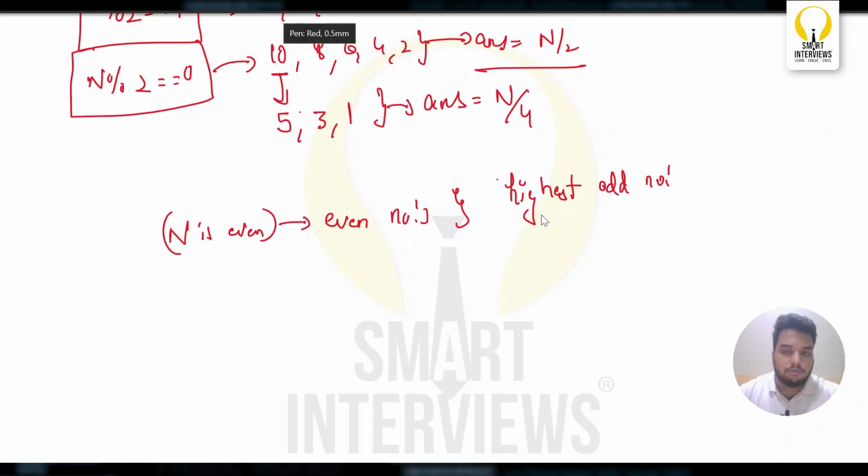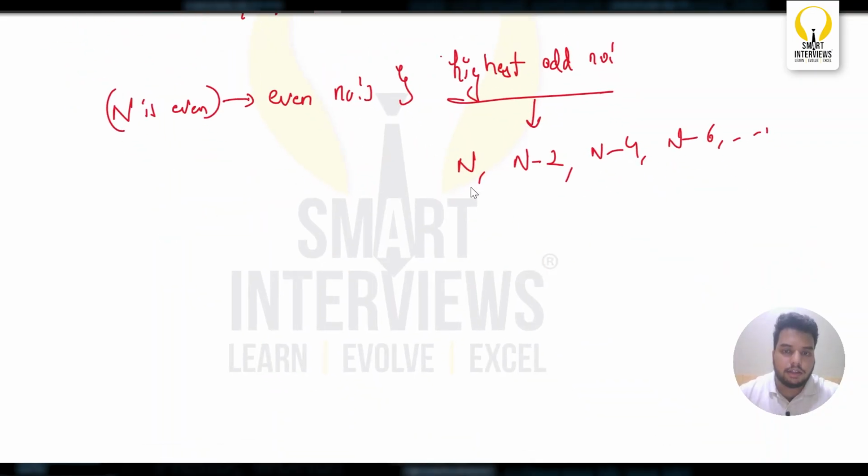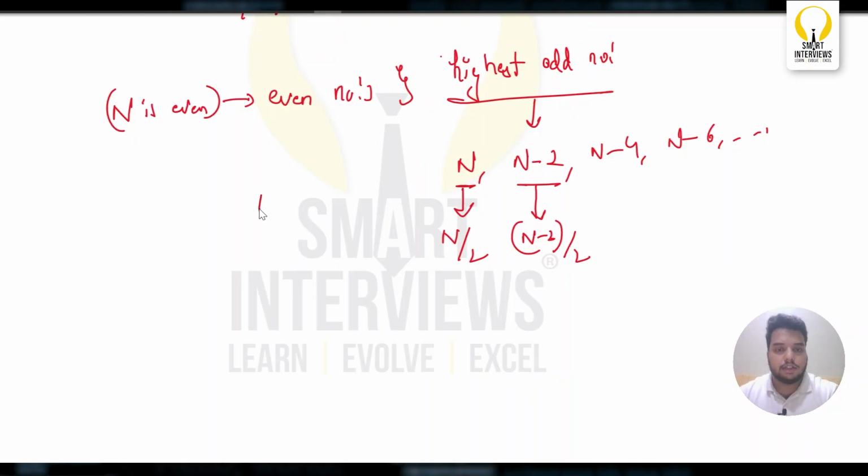So the highest odd number is nothing but, if you're having n minus 2, n minus 4, n minus 6 possible, then can I say that either n by 2 or n minus 2 by 2 is going to be odd? You can check in any case. In case of 198, this is 50 even, this is 49 odd.